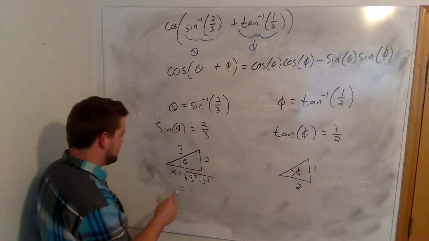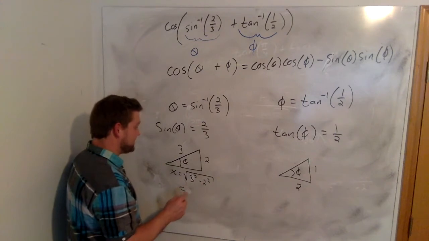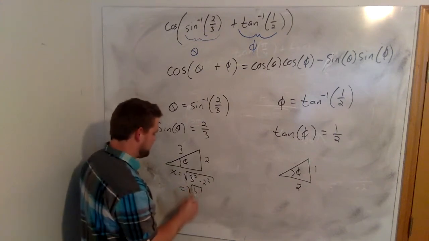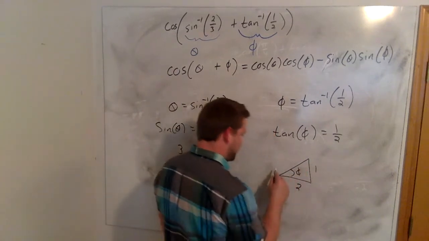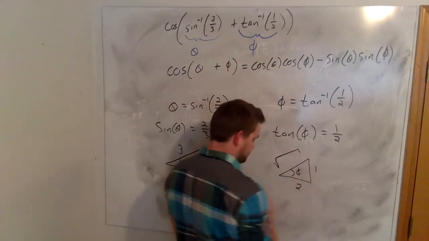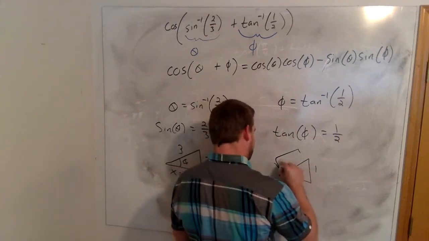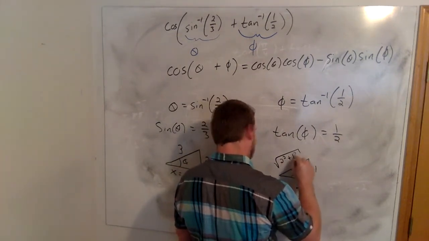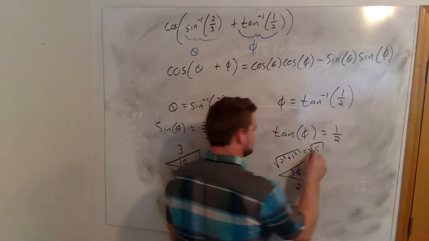So this is 9 minus 4, which is 5, so this is the square root of 5. And over here, the hypotenuse is going to be the square root of 2 squared plus 1 squared, the square root of 4 plus 1. This will be the same thing, the square root of 5, for the hypotenuse.